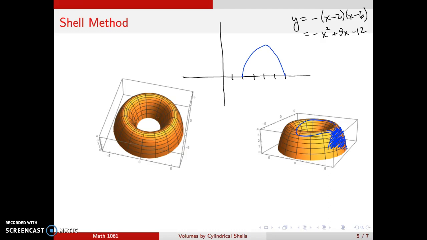So instead, what we want to do is, instead of doing washers, it's hard to see with the graph with the sketching, but hopefully you kind of get the idea.